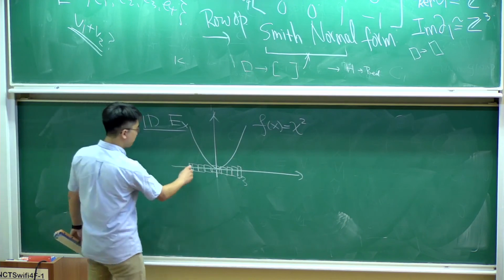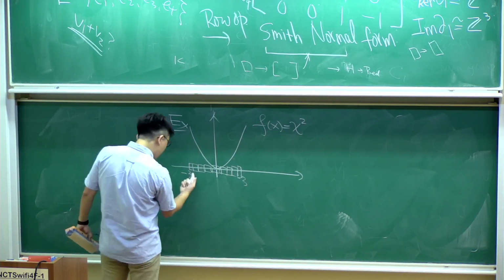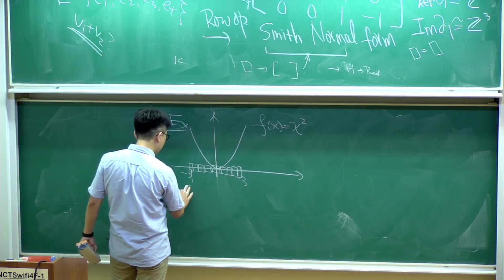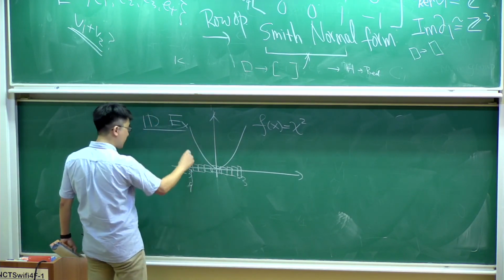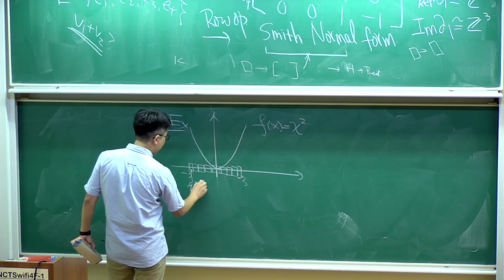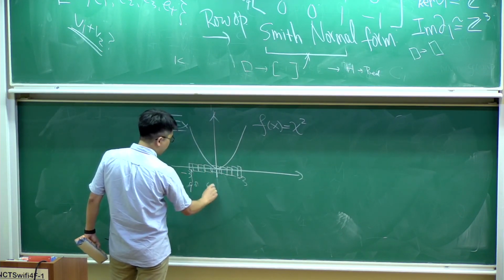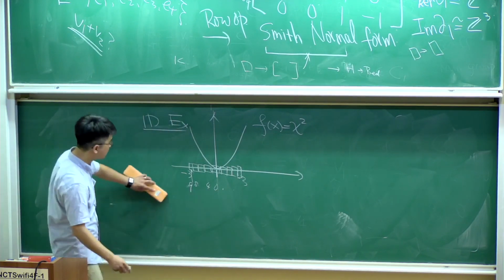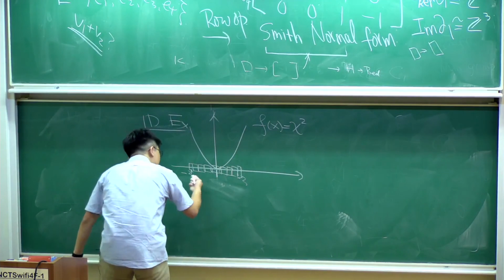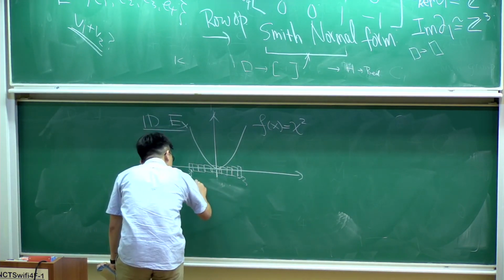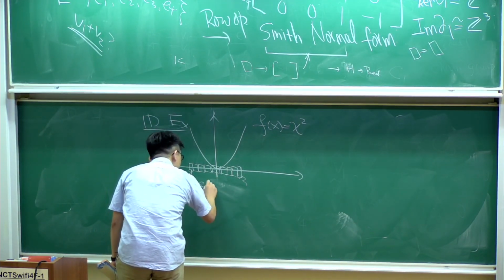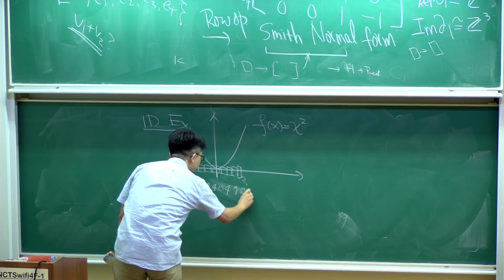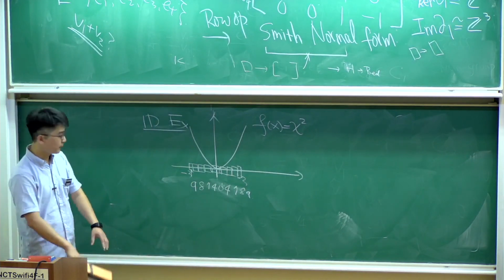Cool. So each box, each grid cell here is a number. This might be 9, related to this value. This might be 8 point something, and this might be 4. This will be 0, and so on. Let me just make up some numbers. So now you have an array of numbers like 9, 8, 7, 4, 0, 4, 7, 8, 9, something like that.